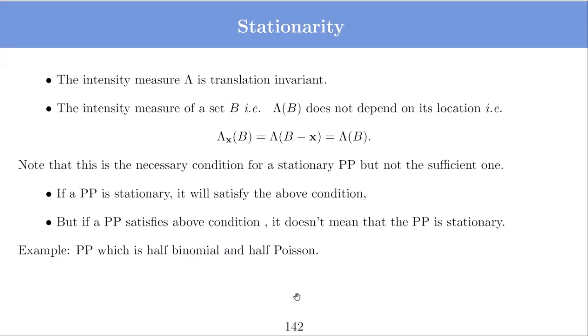But if you take a rectangle in the first space, the distribution will be binomial inside, and if you take the set on the other side of the axis, you will see the points inside are Poisson. So the distribution will change, but the mean number of points will be the same.